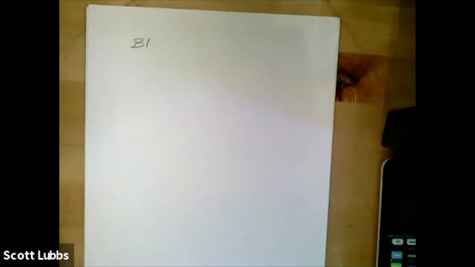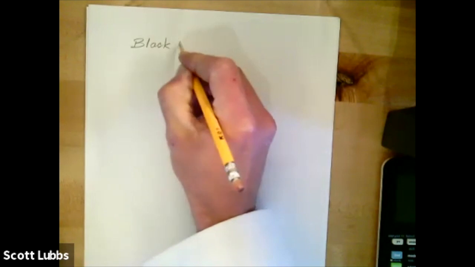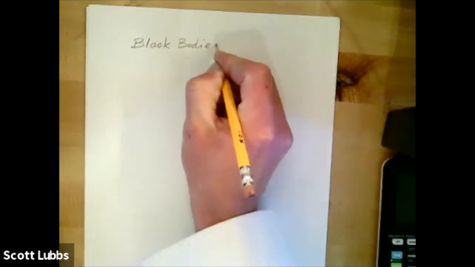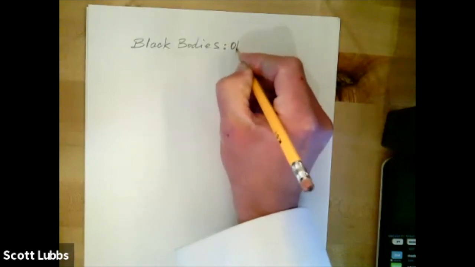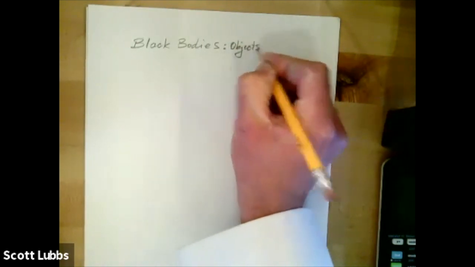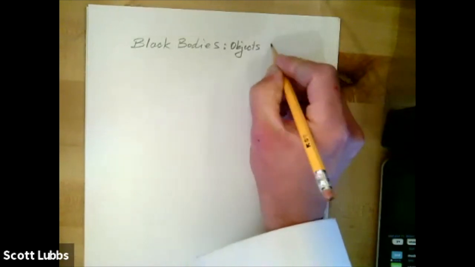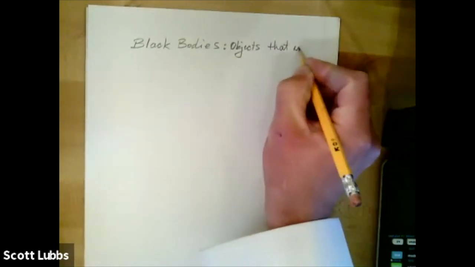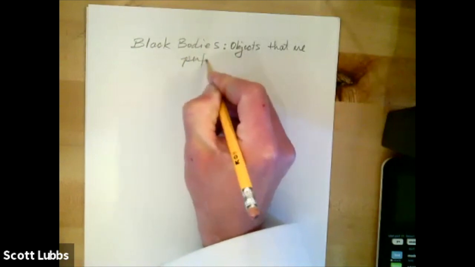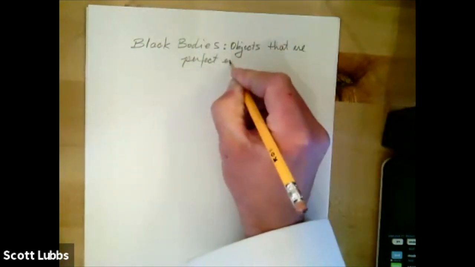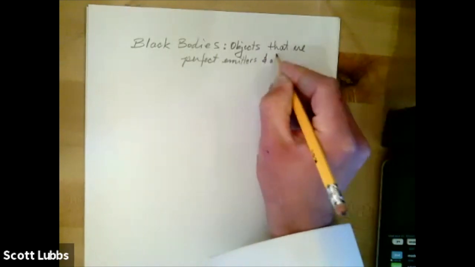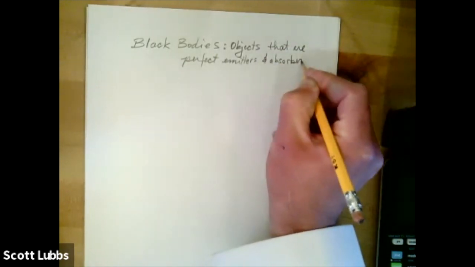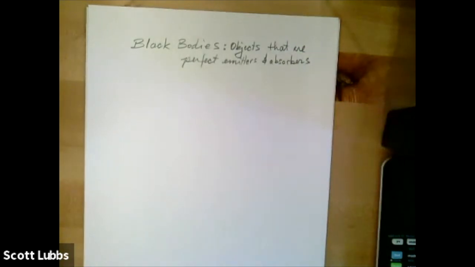At the turn of the century, people were studying these things. They're called black bodies.